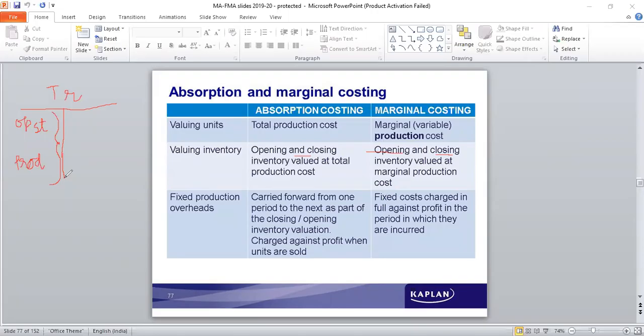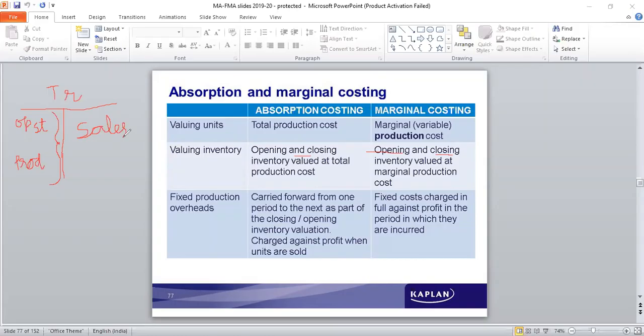The list of items will be recorded, but we understand the total cost of production. Out of the total available units, a part of the units are sold. So we have sales. Sales value is easy to find out: the number of units sold at the selling price per unit. So sales is done.